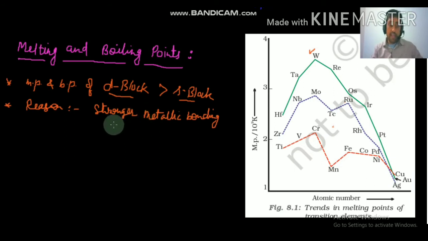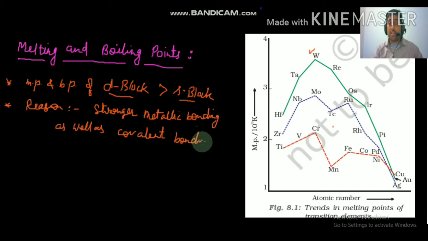This is due to stronger metallic bonding as well as covalent bonding. As I discussed earlier, they also have covalent bonding unlike the s block metals. So there is strong metallic bonding as well as covalent bonding in transition metals.